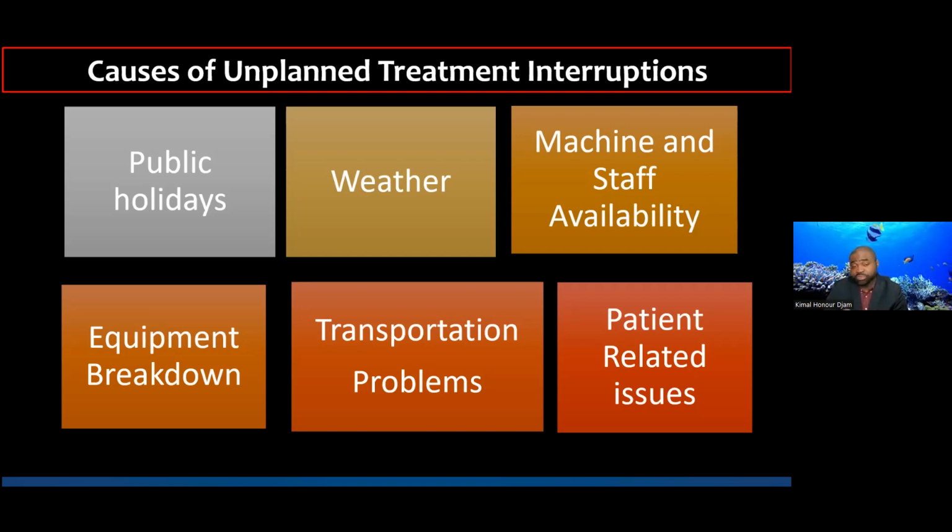The patient may just be too ill or unable to have the means to transport himself or herself or a place to stay during the course of radiation therapy. And all of these factors can lead to an unplanned gap in treatment interruptions.